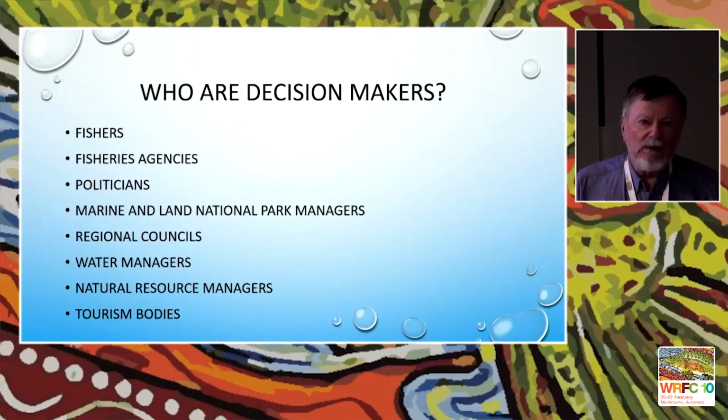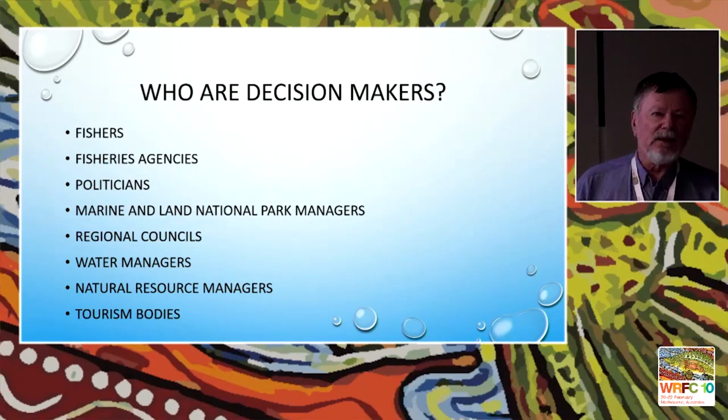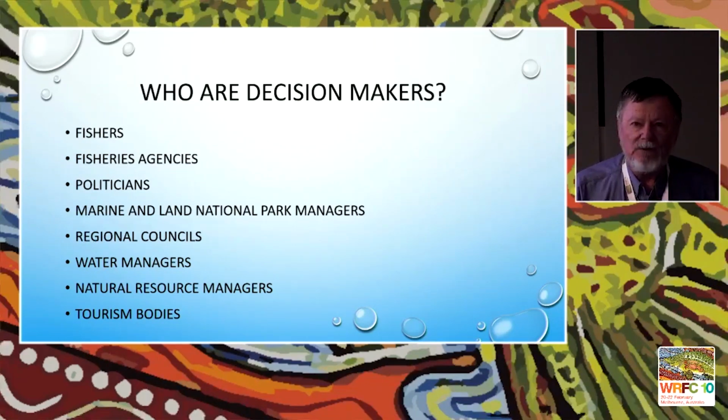Well, we believe that there is a much greater group out there than fisheries agencies who use fisheries data. Most of the presentations here have been directed at what fisheries agencies are doing. We believe that the fishers themselves are probably the biggest decision makers about where they go fishing, what time, what they're going to target, whether or not they're going to keep their fish or whatever.